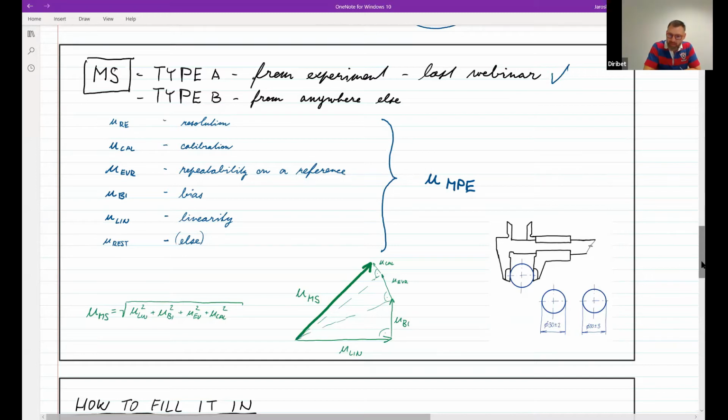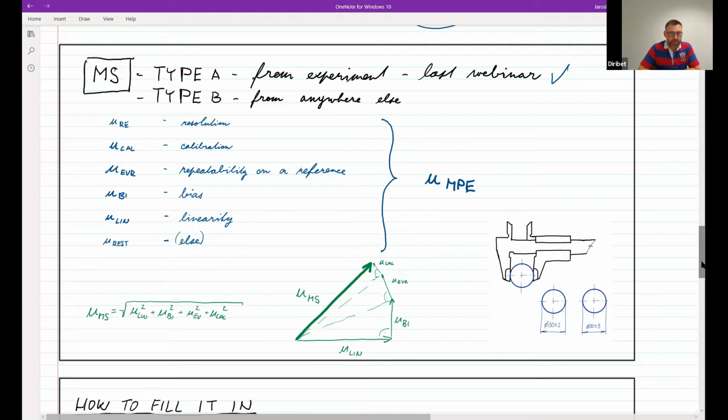It may be that type B would be uncertainty that you made an experiment for in a separate process, on a different measuring device, and you would like to use that knowledge acquired in the past on the measuring system that you have in hand right now, and that would be the type B.